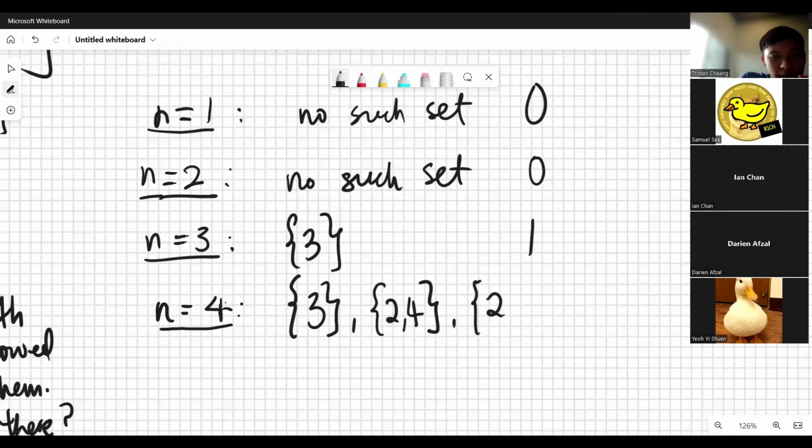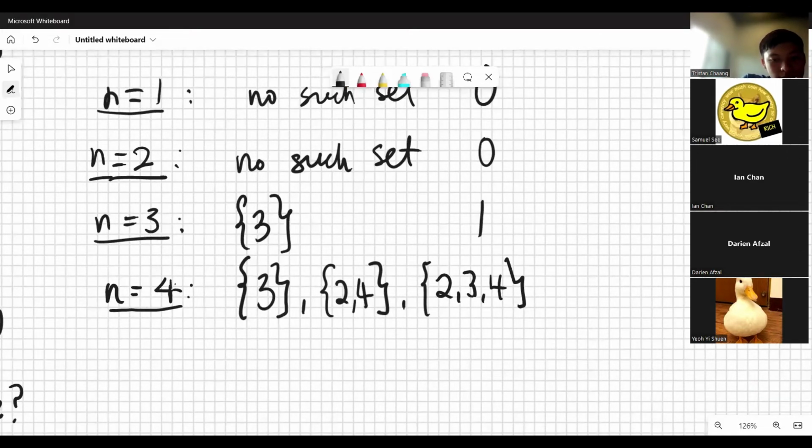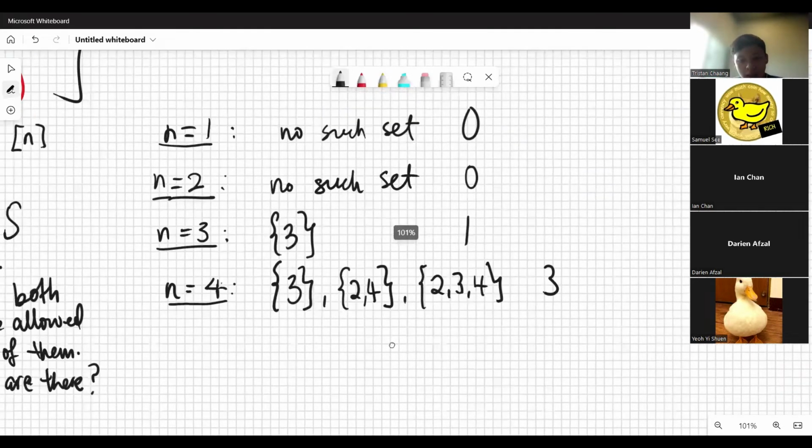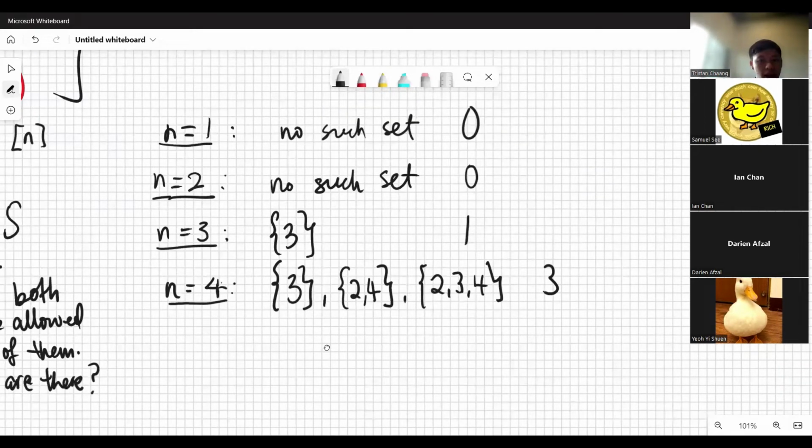And 2, 3, 4, also multiple of 3. Anything else? I think it's just 3. And so on. Yeah, I'm not gonna write that case.